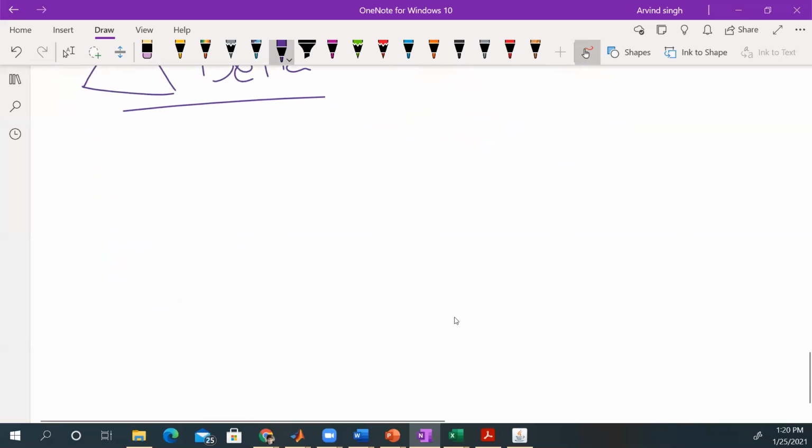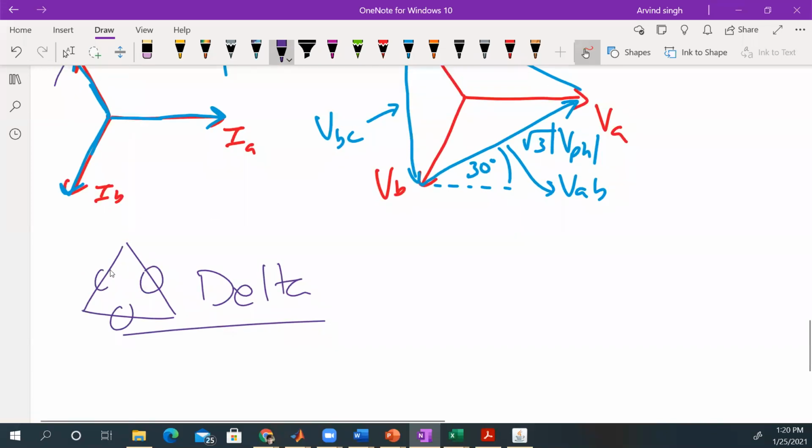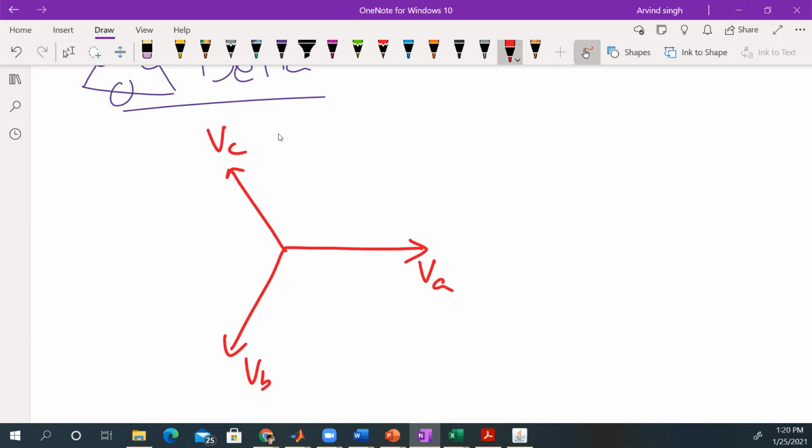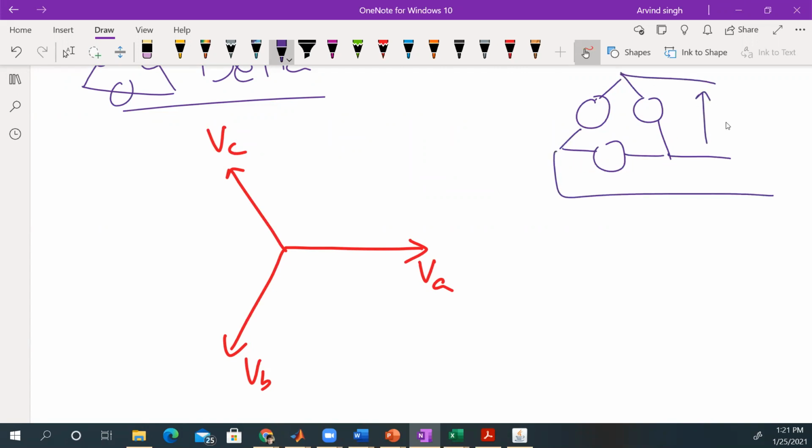Right, so for the delta, again, we're going to start with the phase voltages in the same way, right? VA, VB, VC. This time what we have is that V phase is equal to V line to line, and I line is equal to √3 I phase.